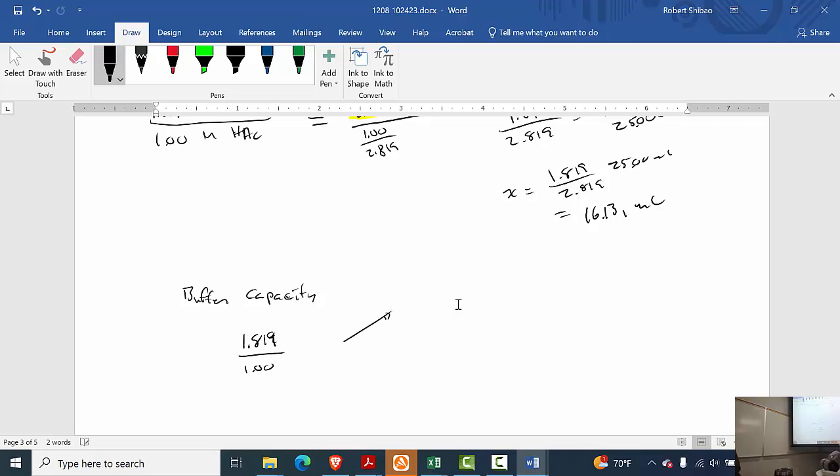And so we might try to do a high capacity. Let's go with 181.9 molar sodium acetate and 100.0 molar acetic acid. And so we have a 181.9 to 100 ratio. Well, that's the same ratio as this. When we plug this into the Henderson-Hasselbalch, this is going to give us the correct pH.